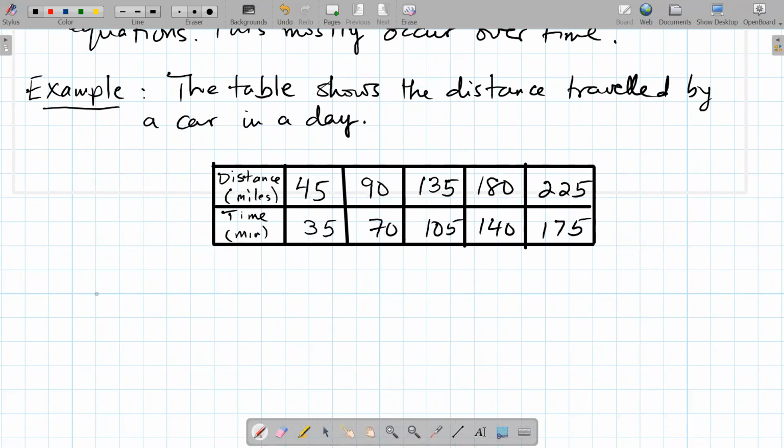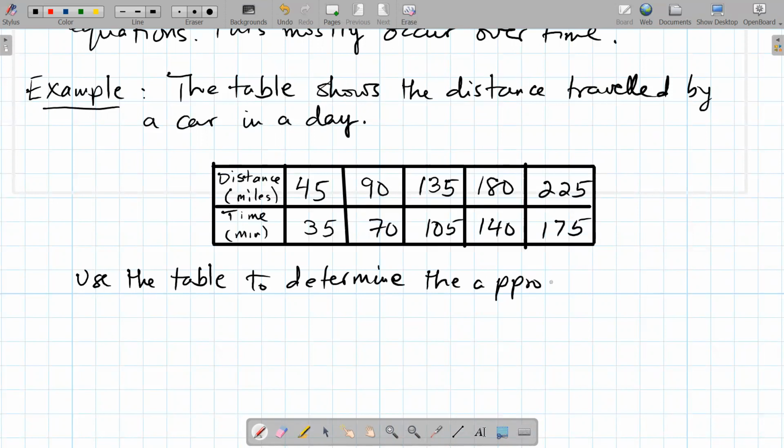So the question is, use the table to determine the approximate rate of change. Miles per minute. All right.